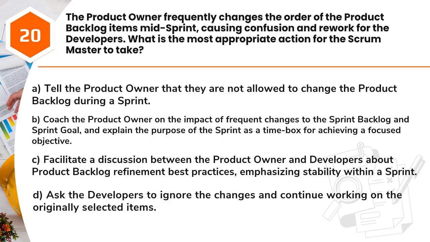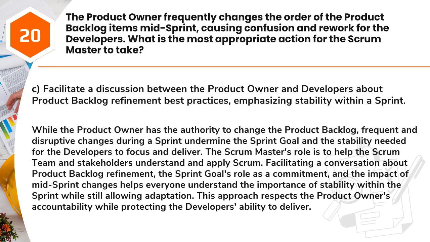B. Coach the product owner on the impact of frequent changes to the sprint backlog and sprint goal, and explain the purpose of the sprint as a time box for achieving a focused objective. C. Facilitate a discussion between the product owner and developers about product backlog refinement best practices, emphasizing stability within a sprint. D. Ask the developers to ignore the changes and continue working on the originally selected items.